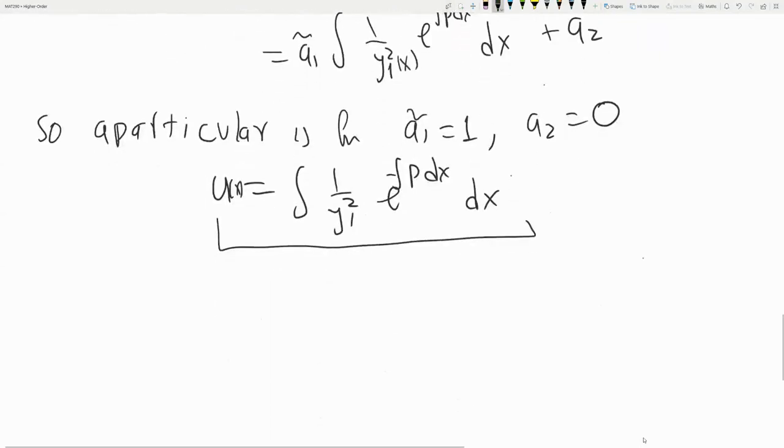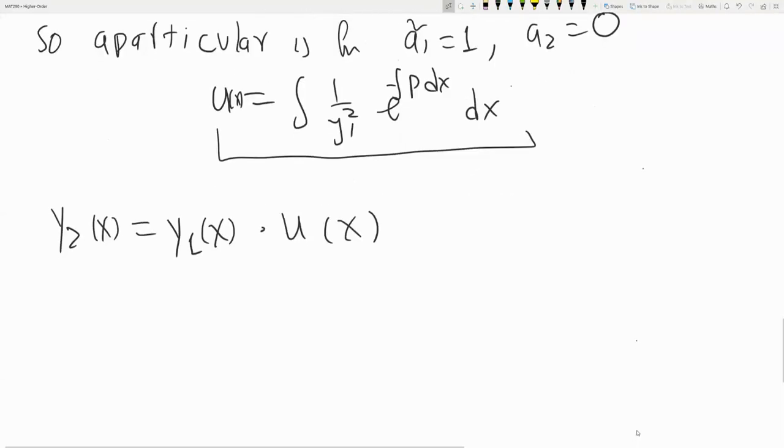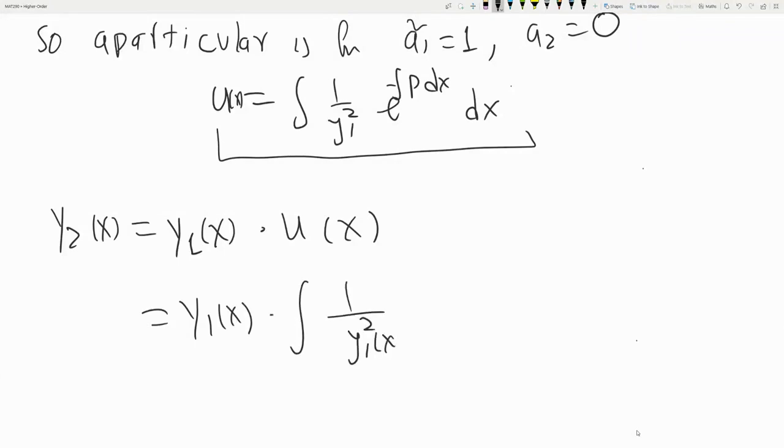And so y2, the second solution, would be y1 times u of x. So y1 times the integral of 1 over y1 squared times the exponential of minus the integral of the coefficient p. Okay, so that's the method.